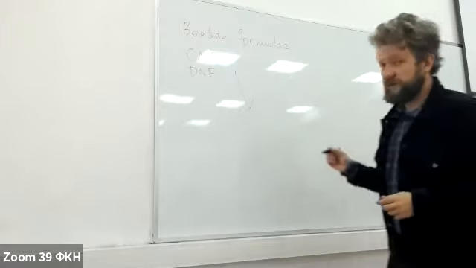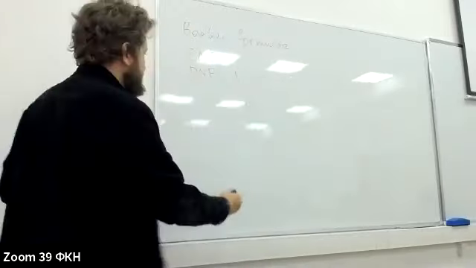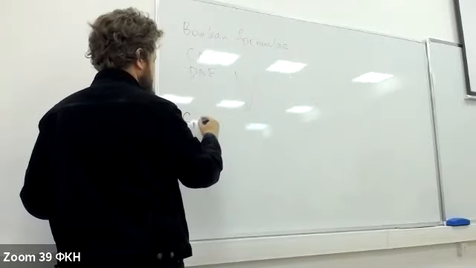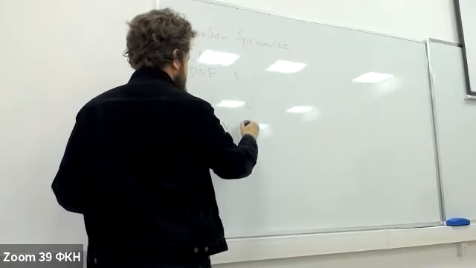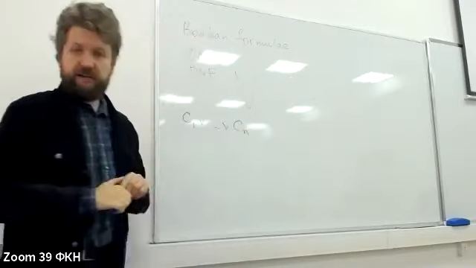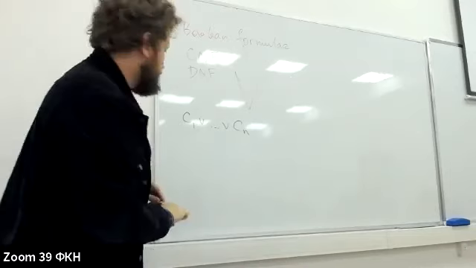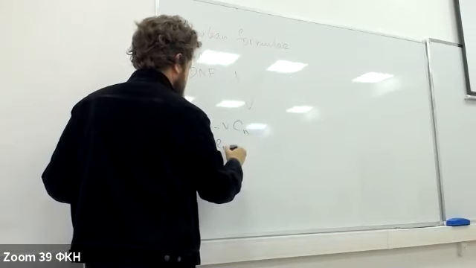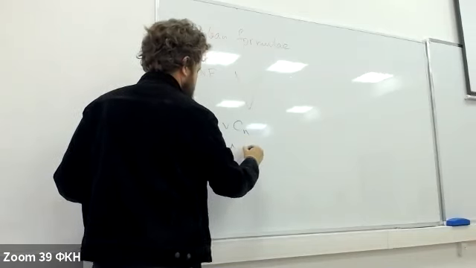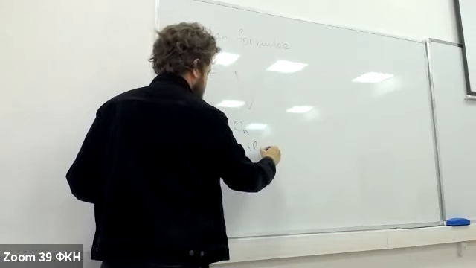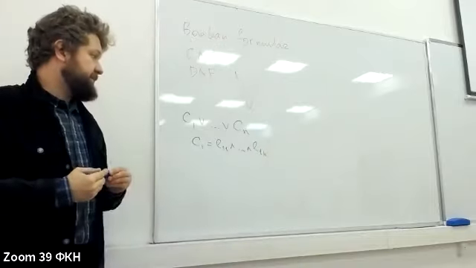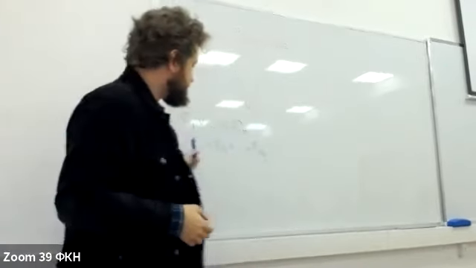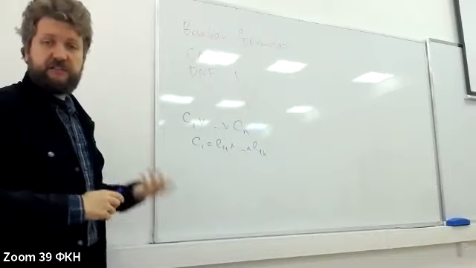Okay, so in the DNF, you have a big disjunction, so there is clause 1, disjunction, etc., disjunction clause n. And in the DNF, each clause is a conjunction. So C1 is literal 1,1, conjunction, literal 1k. And satisfying this just means that it doesn't have a contradiction.